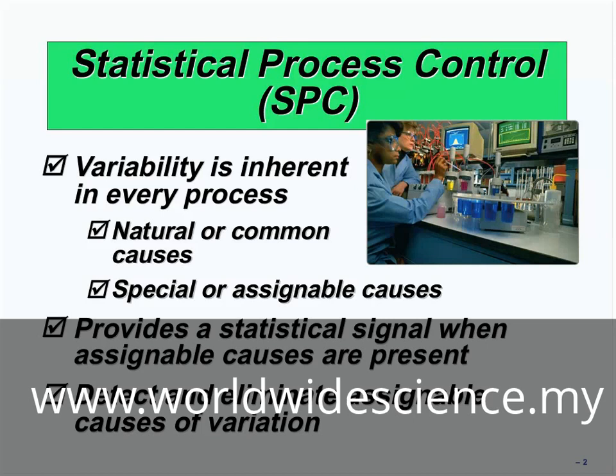Statistical process control. As I told you, variability is inherent in every process. It's undeniable that there is variability in every process. For example, you cannot produce products or goods which are exactly the same.